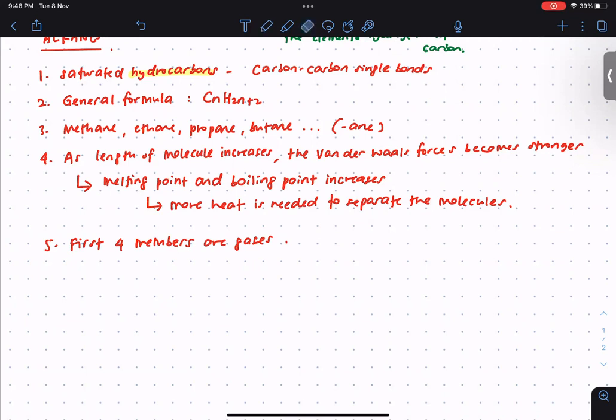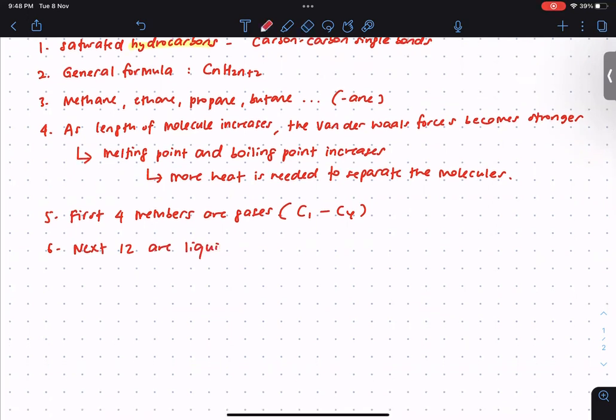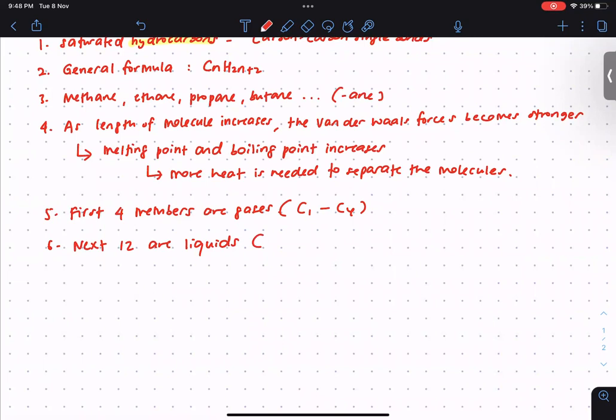And then after that, the next 12 are liquids, which is C5 to C16.